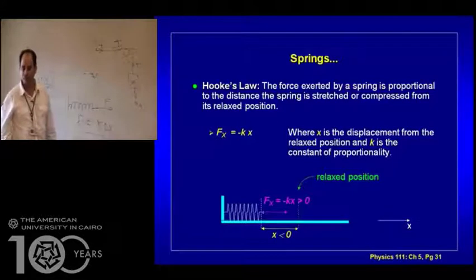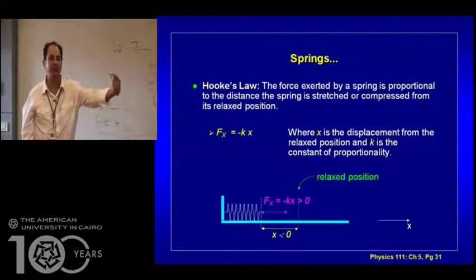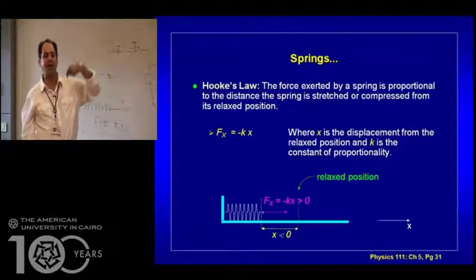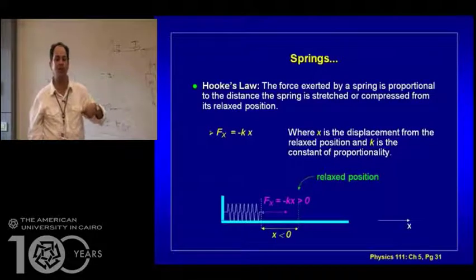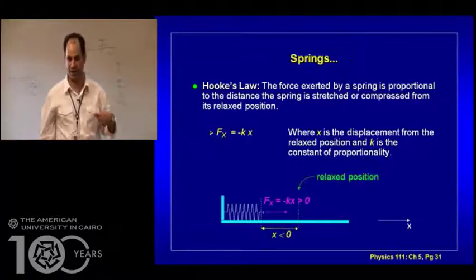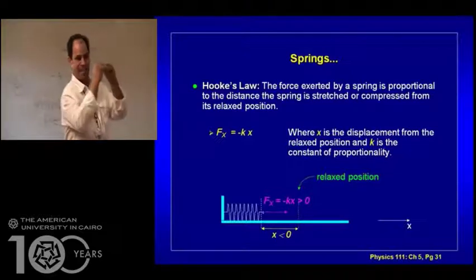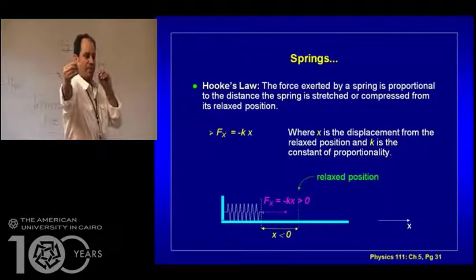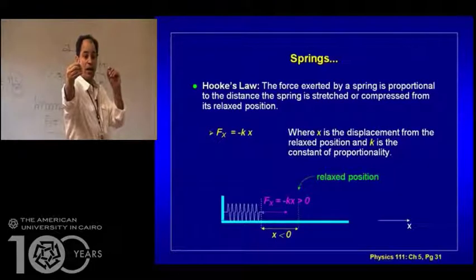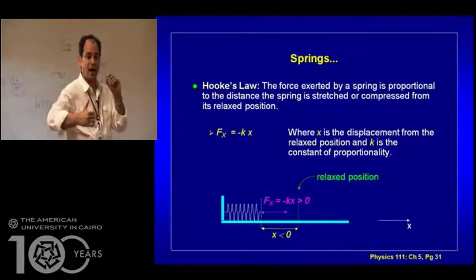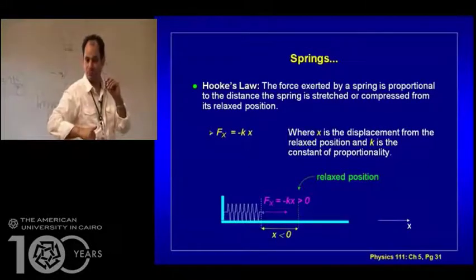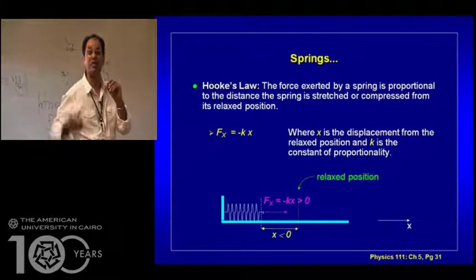It's the force of the spring trying to pull itself back to its original position. We call it the restoring force on the spring. If you pull in that direction, what's going to happen? The spring will try to pull back along that direction. And we call that force the restoring force.